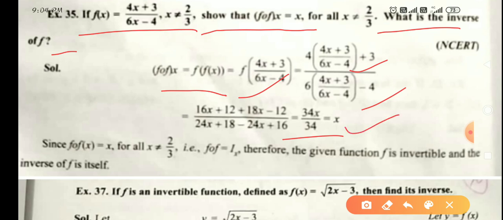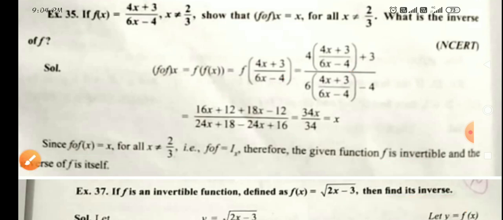So the value of fof x is x. If the value of the given function composed with itself comes x, then you know the composition of f and f is x. So the given function is a self inverse function.